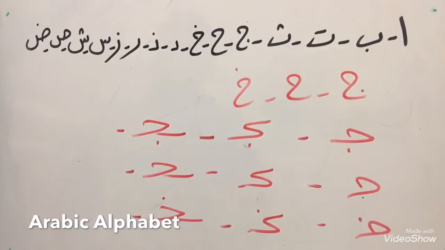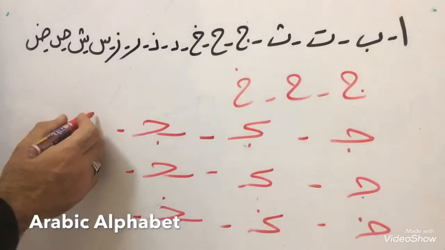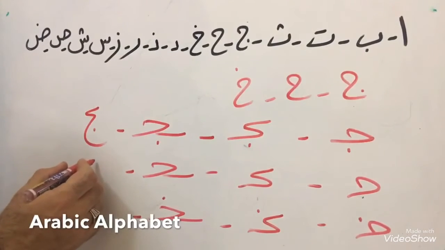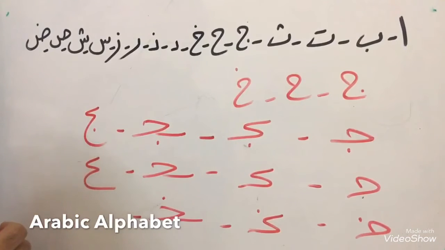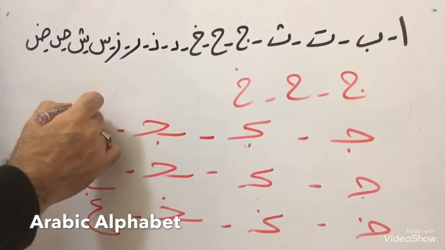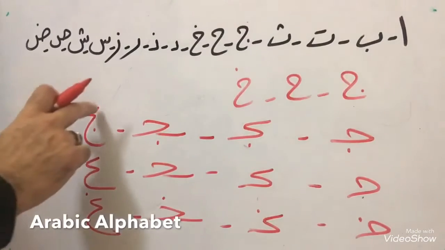At the end of the words, they have two ways: connected to the letter before or not connected. So if they are connected, they are like this: Jim, Ha, and Kha. So we can join the letter before by this hand.